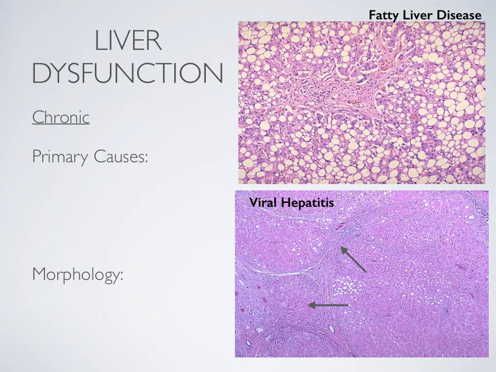So now let's look at chronic liver dysfunction. Here you see fatty liver disease. So there are two main causes of fatty liver disease: alcohol, and this is long-term chronic alcohol use, or obesity/metabolic syndrome.